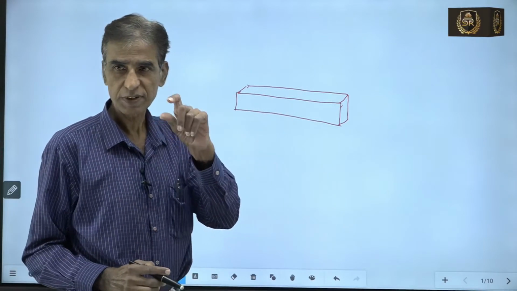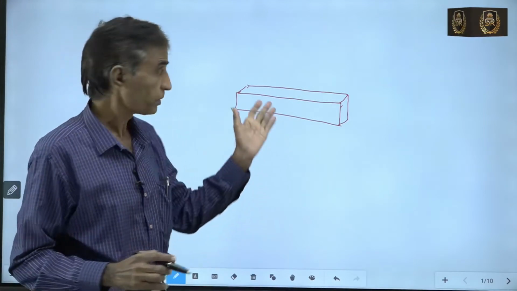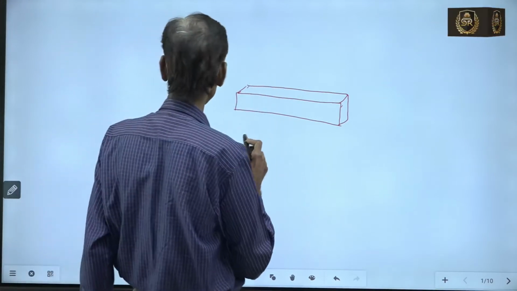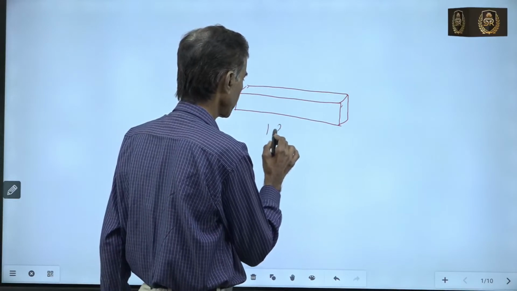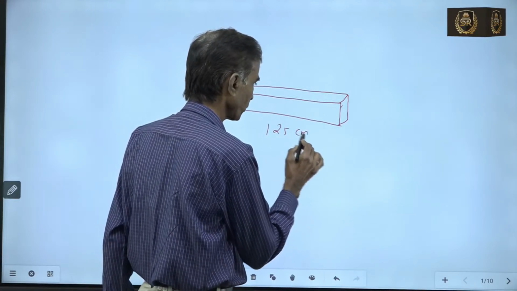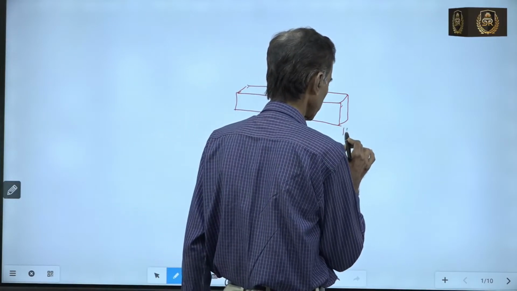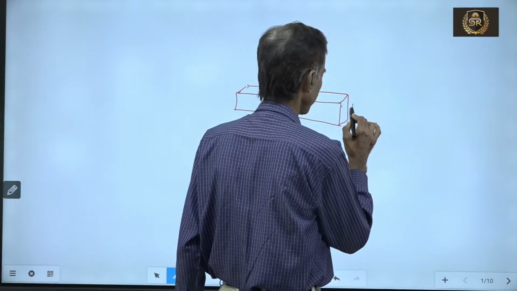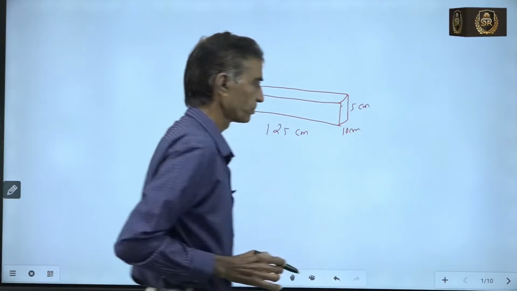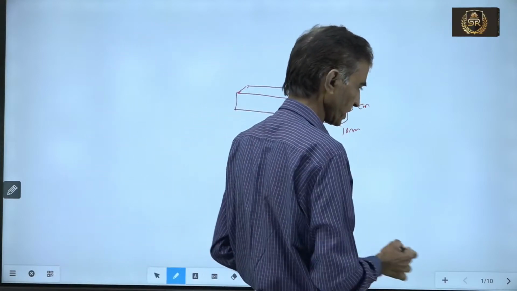If you take a small cutout piece of a wooden slab, that will be this one. So here the dimensions are 125 centimeter, then 10 centimeter, then 5 centimeters. So that is what we have here.